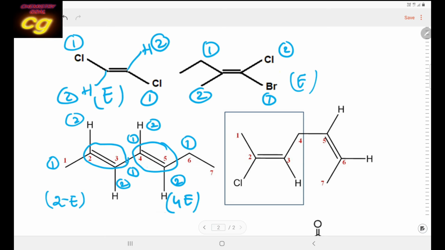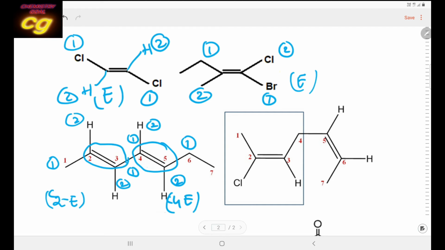So around carbon number 4, the arrangement is 4E, and around carbon number 2 that is 2E. C2 position is E arrangement, and C4 position is E arrangement also.